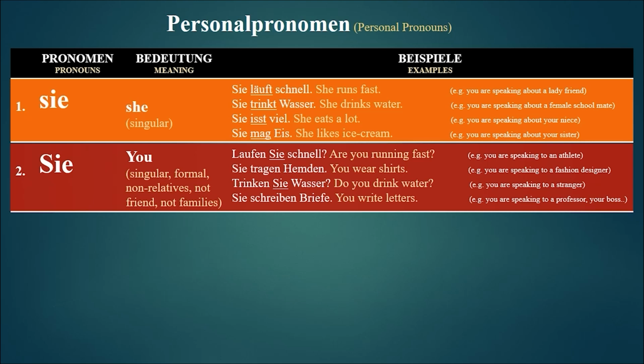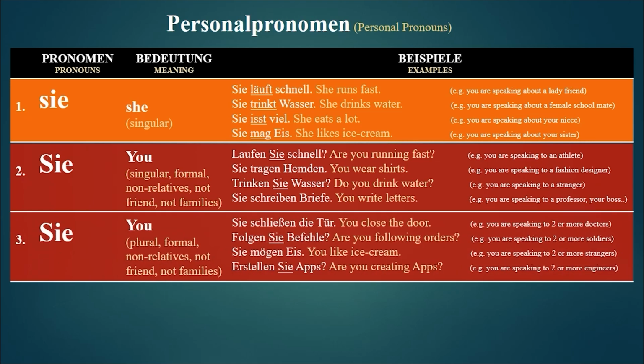So trinken Sie Wasser, do you drink water? For instance, if you are speaking to a stranger. Then, Sie schreiben Briefe. You write letters, if you're speaking to a professor or your boss, for instance. So take note, this is the second way to use Sie. Let's move on to the third way.